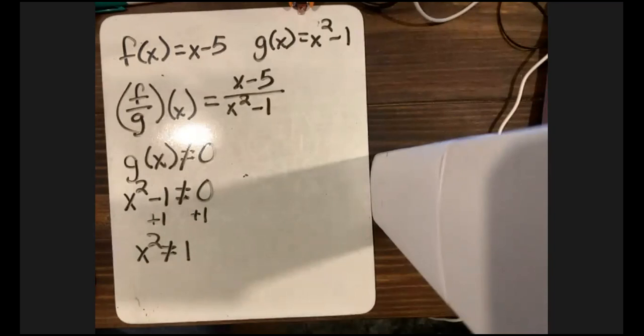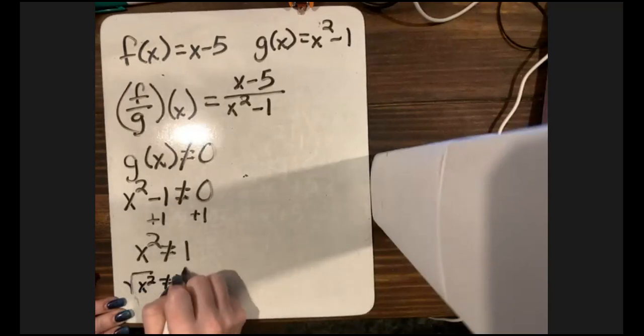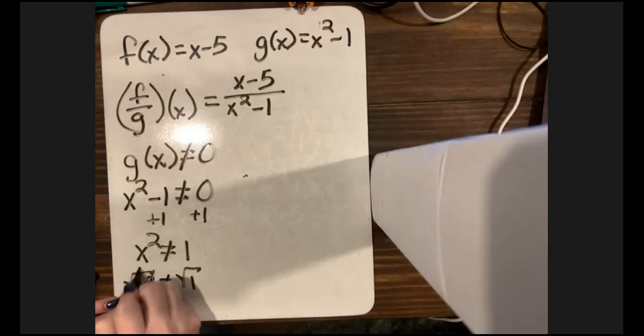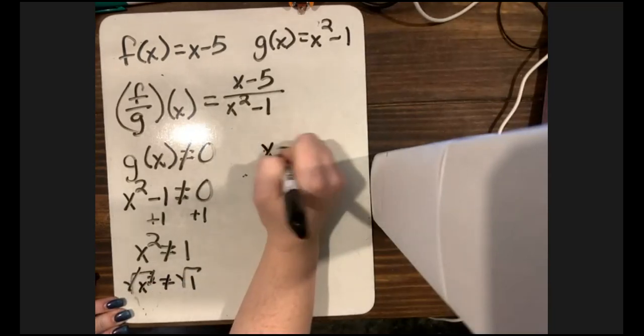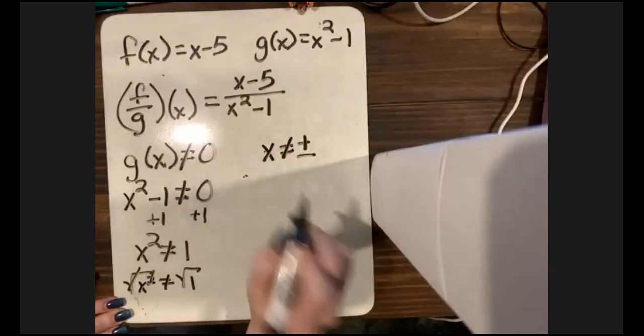Same gig. We're going to take the square root of both sides. So x can't be, again, we brought in the square root, so we bring in the plus or minus.